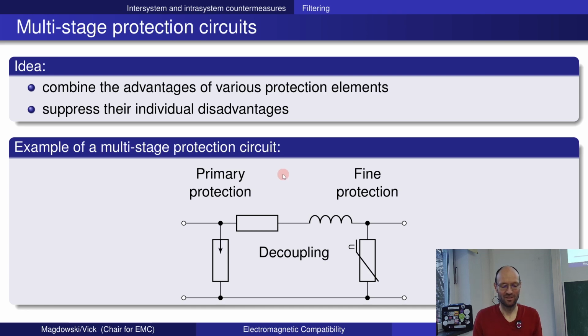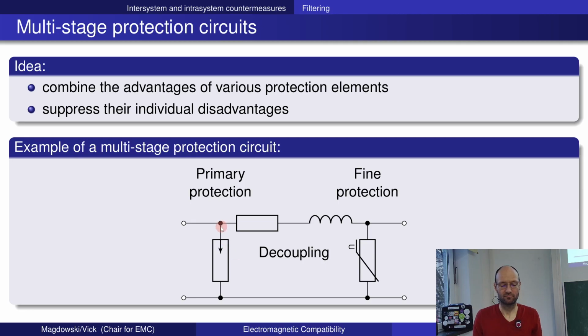And so a usual multi-stage protection circuit might look like this, that you have a primary protection, right? And the primary protection could be, for example, this gas-filled surge arrestor that takes some time to respond, but once it responds, then it can dissipate a high current and it will really protect the device.